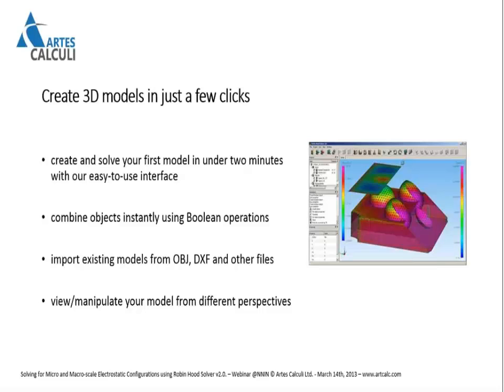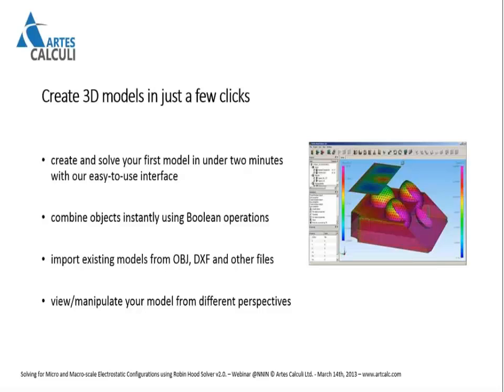You can also import existing models from DXF files created in AutoCAD or other software packages. This is very important for those of you who already have large libraries of objects which you are using in other software packages. And this feature enables you to import these objects instantly into Robin Hood Solver.